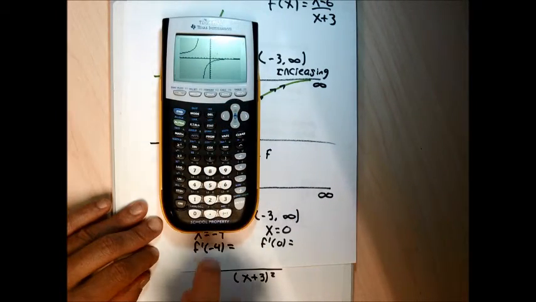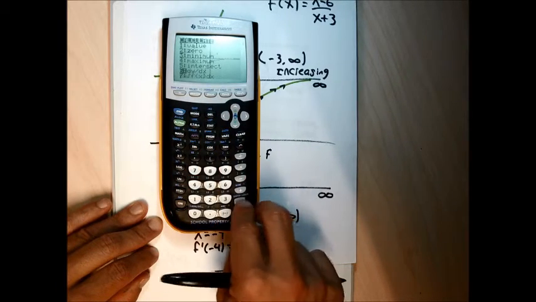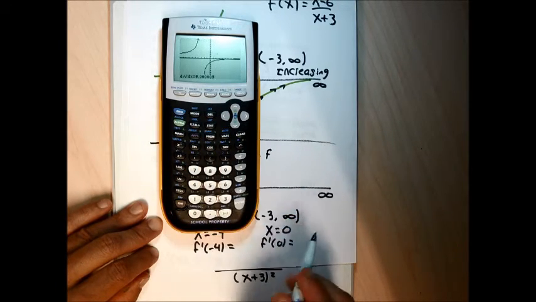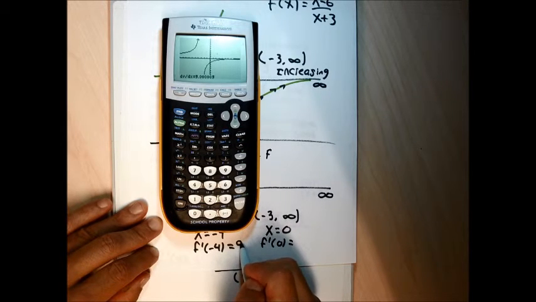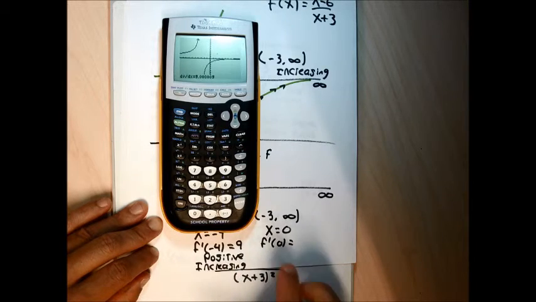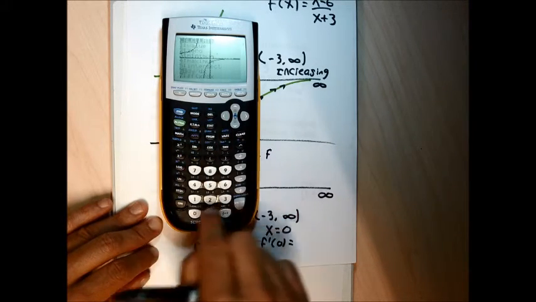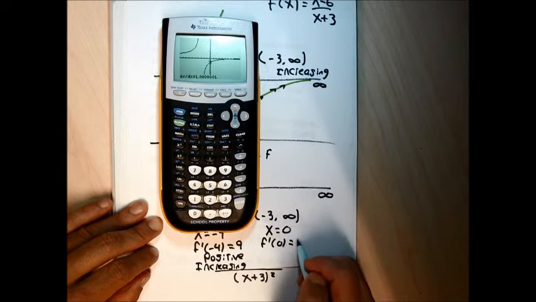To do f prime of negative 4, I go second calc, dy/dx, type the number negative 4 in, and I get 9.009. The fact that that's a positive number tells me that in this region, the graph is increasing. When I do f prime of 0, second calc, dy/dx, type in 0, I get positive 1.